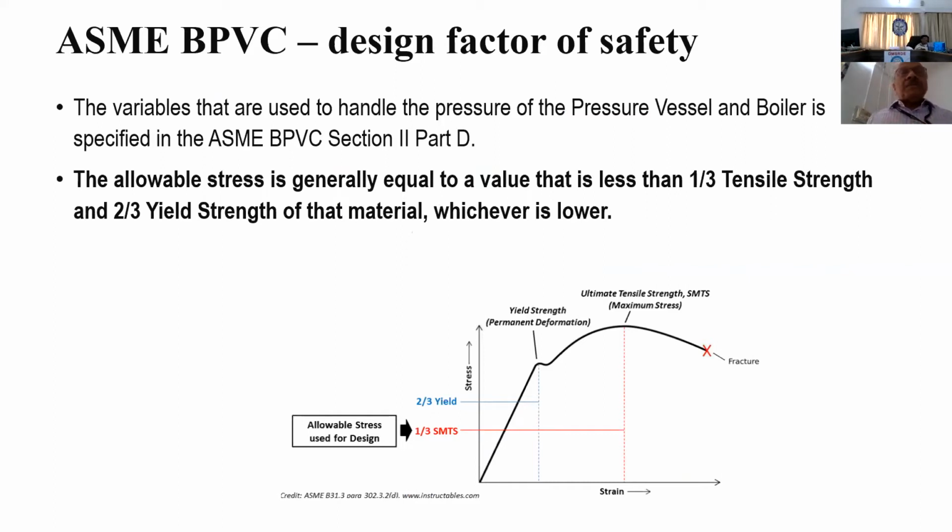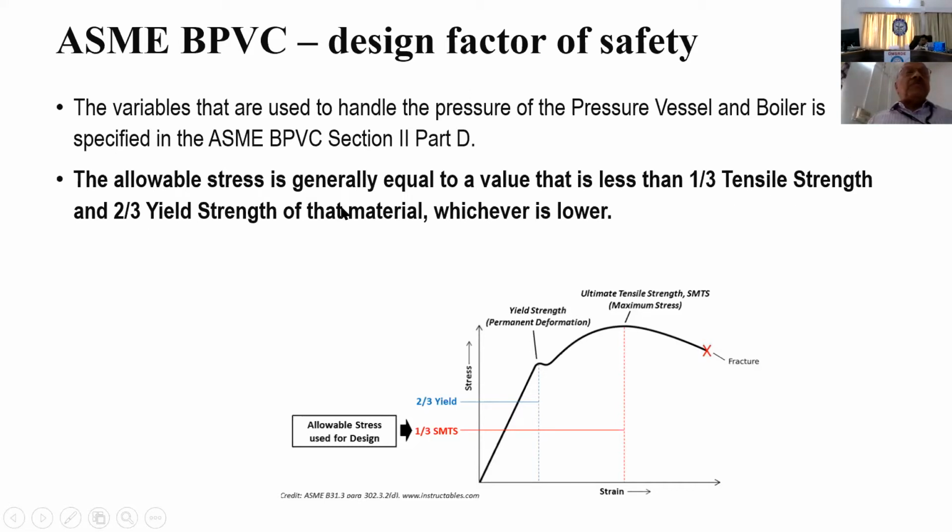So as per ASME, when you are looking at the tensile properties, the allowable stress is equal to 1/3 of the UTS, or the tensile strength, or 2/3 of the yield strength of the material, whichever is lower. So you are not using the absolute value of the tensile strength. You are applying a factor of 3. So the safety factor is 3.